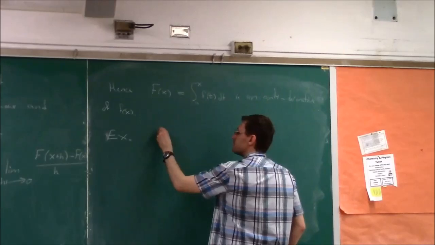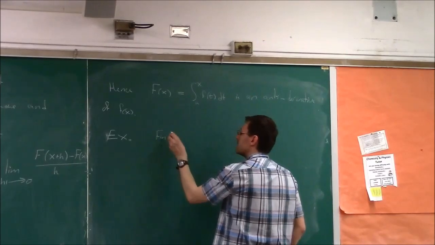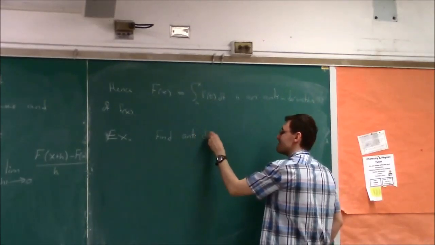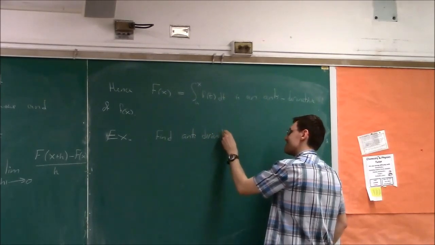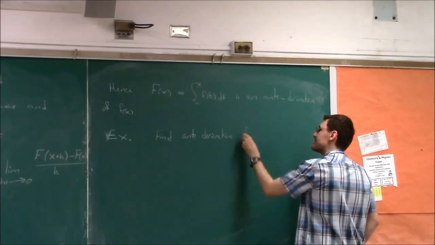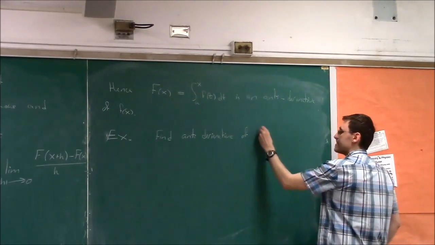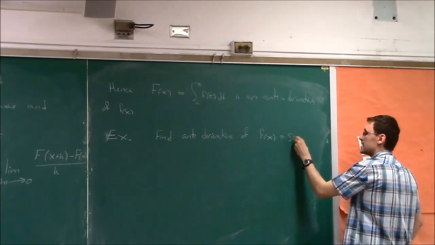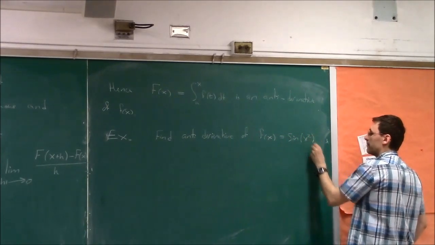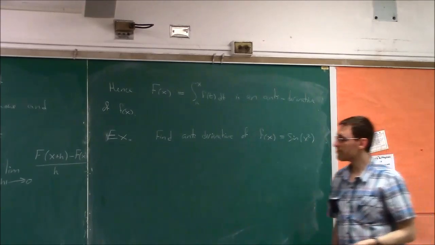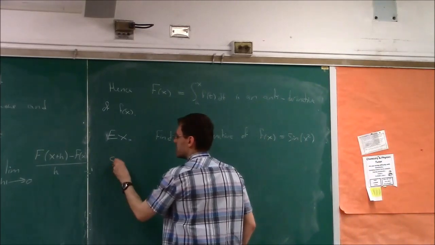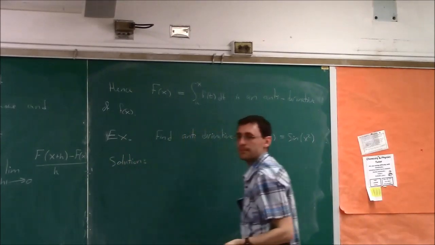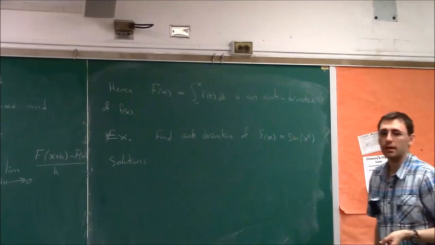So find an antiderivative of, remember this function that I mentioned? We had sine of x squared. So the solution is very simple now, using this notation. The antiderivative has to do with area under the curve.